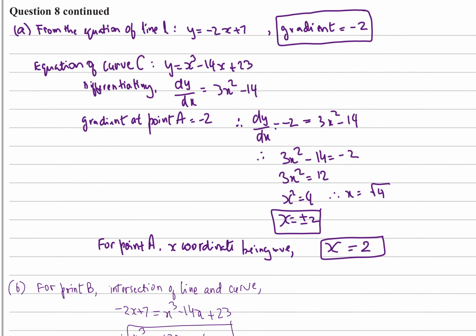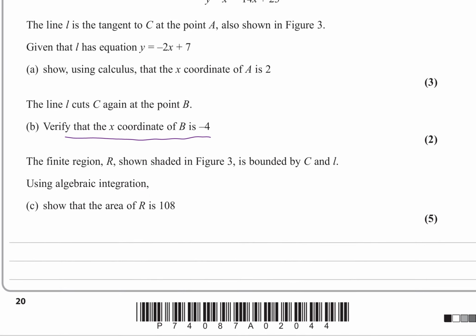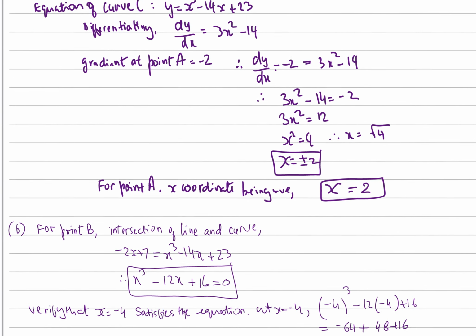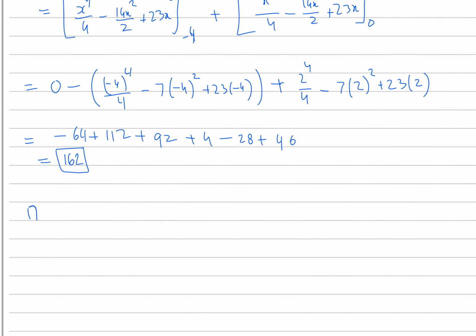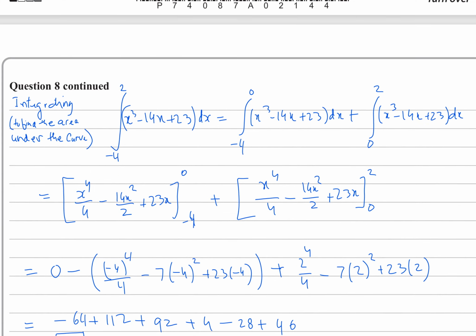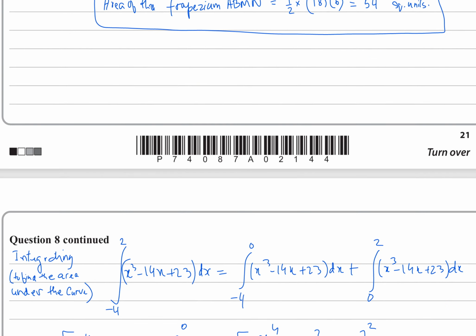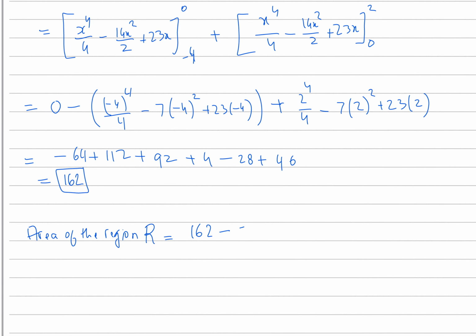So again, going back up to my question, the area of the finite region R is going to be 162 minus 54, and that is equal to 108.